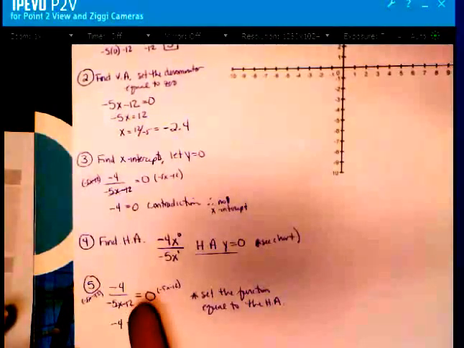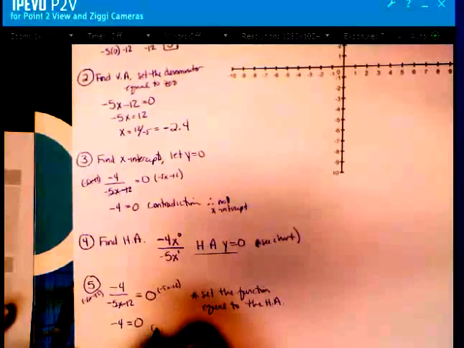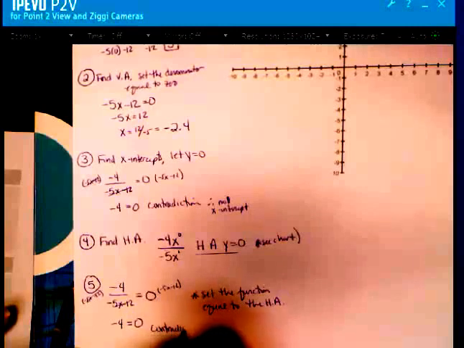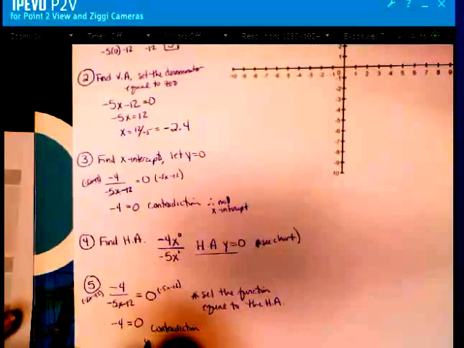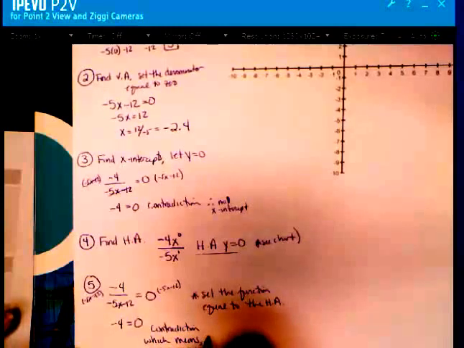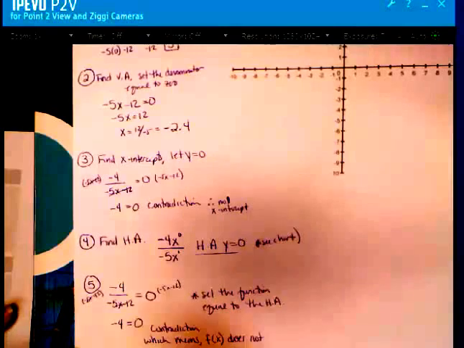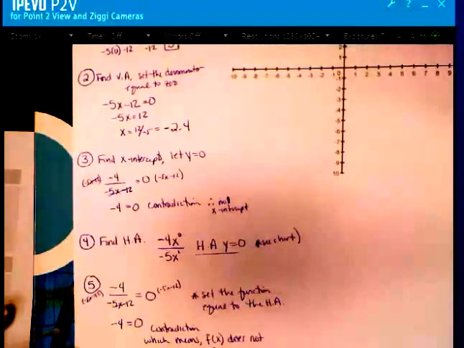It just does when our horizontal asymptote is equal to 0. Here we have a contradiction, which means that our function f of x does not cross our horizontal asymptote.